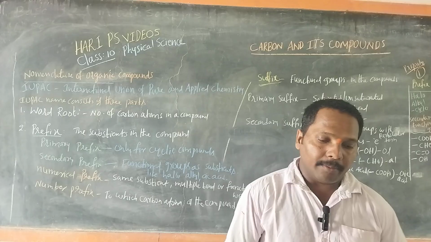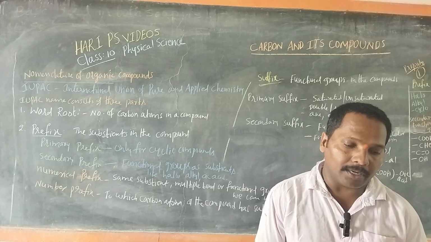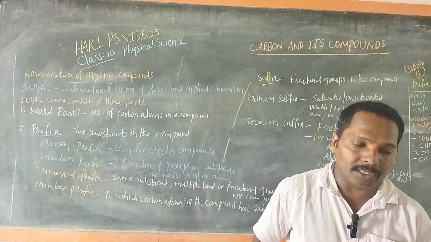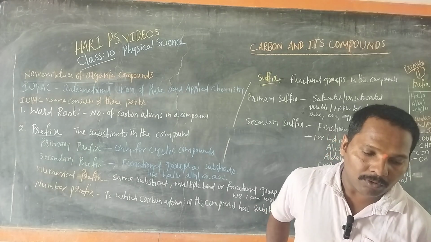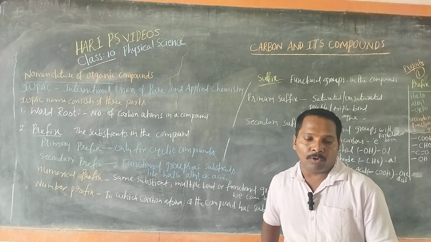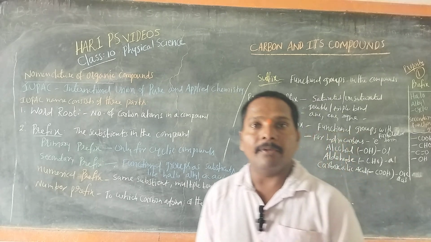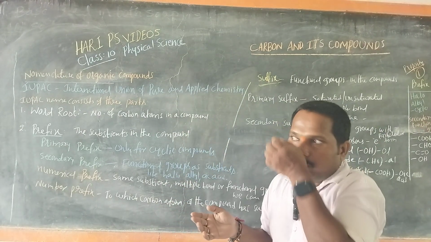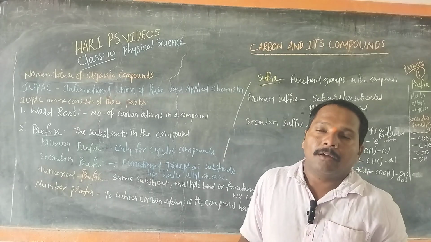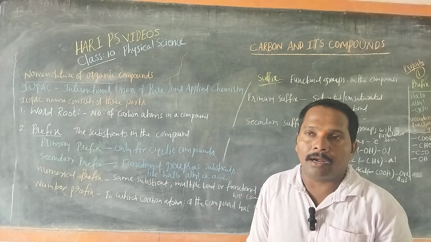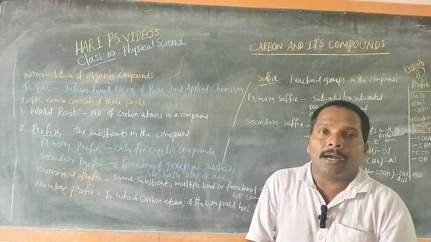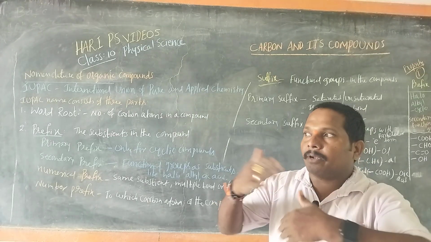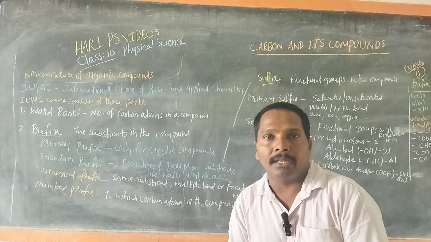The basic idea behind systematic nomenclature is that there should be only one name for a given compound throughout the world, and also only one compound for a given name. Otherwise, the same organic compound may have two or more different names, and in different places they call it by different names.